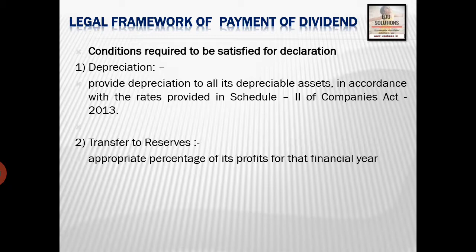Previously, in Companies Act 1956, there were provisions regarding the correct percentage to be transferred. But in case of Companies Act 2013, there is no such cutoff. It may be as per such rate as may be prescribed, or as may be found to be suitable or appropriate by the company. So an appropriate percentage is transferred.